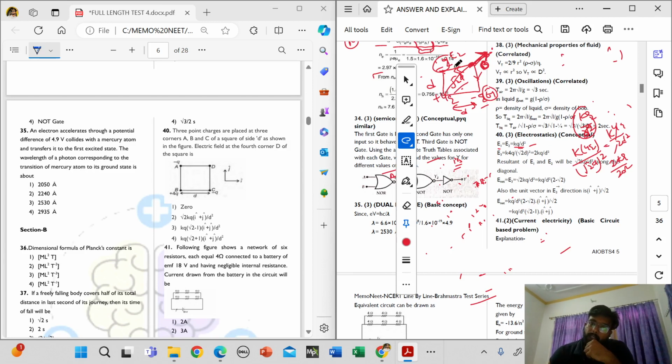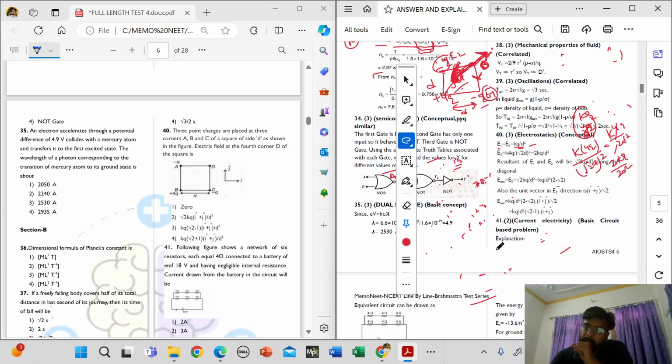So E1 and E2 together will be in this diagonal direction, and this resultant will be in this direction.